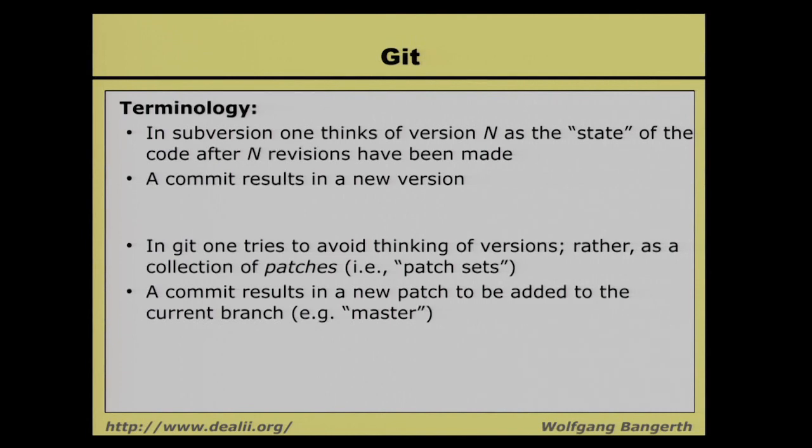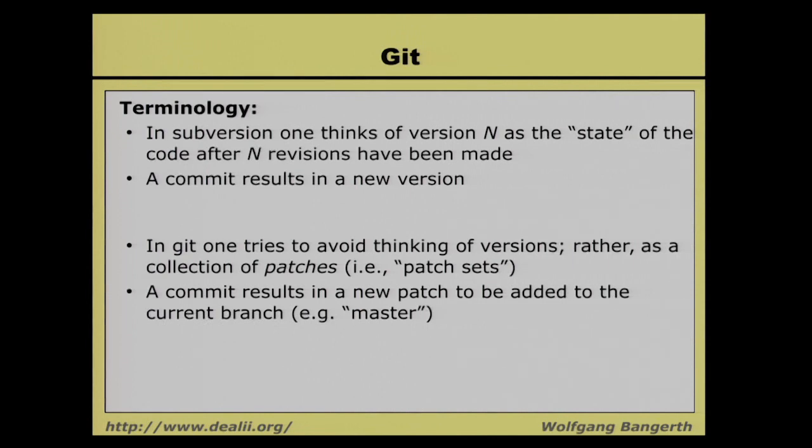In Git, we don't actually like to think about the state. In Git, it really is just a collection of patches. After a commit, you just get another patch that goes, for example, into the master branch. But there is no collective state, so it's not how we would often think of it.